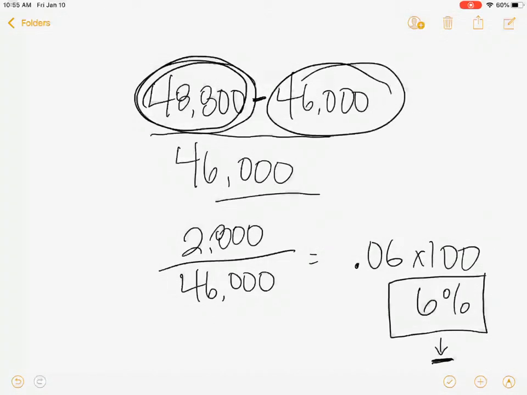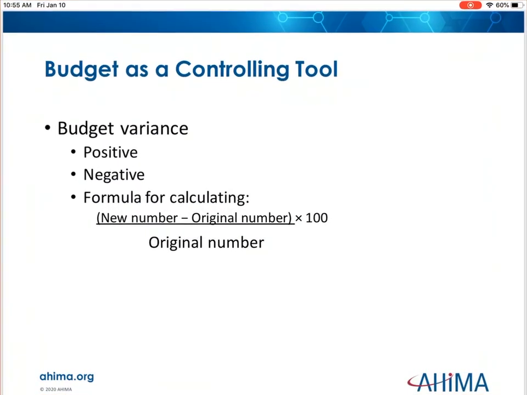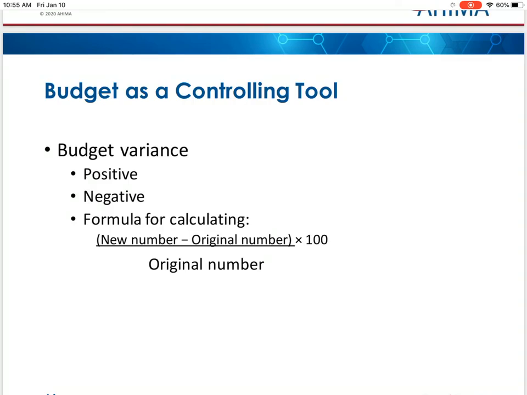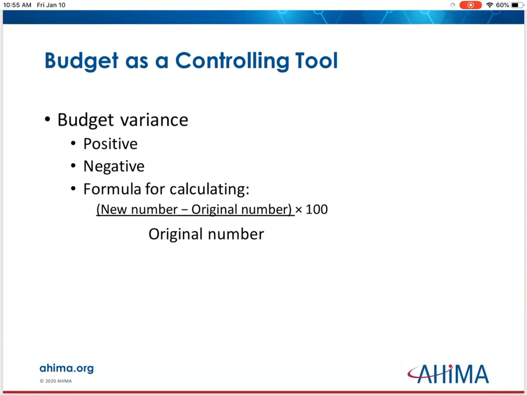So if your amount is positive, then it is a negative variance. If your amount was negative, then that's a positive variance. Okay? All right, we can come back to that if y'all have any additional questions there. But again, you're looking at the new number minus your original number, and your original number is what you budgeted.